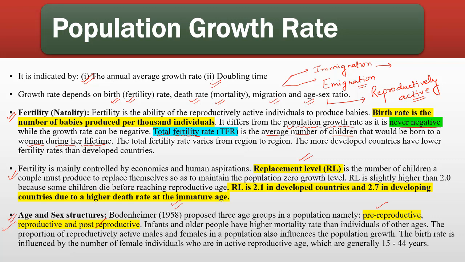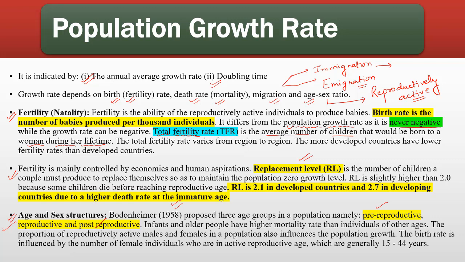Birth rate is directly influenced by the number of female individuals who are in active reproductive age, that is 15 to 44 years.